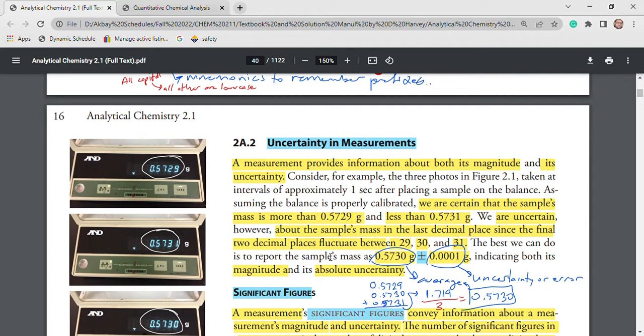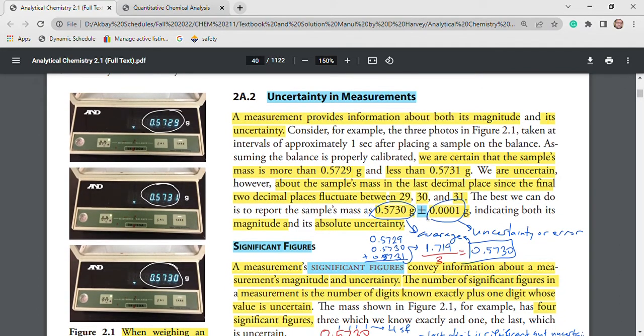If you take the average of those three numbers, it is 0.5730, and when you find the error, the standard deviation, it is 0.0001 grams, meaning plus or minus: the number is not exactly 0.573, but somewhere between 0.5729 and 0.5731.